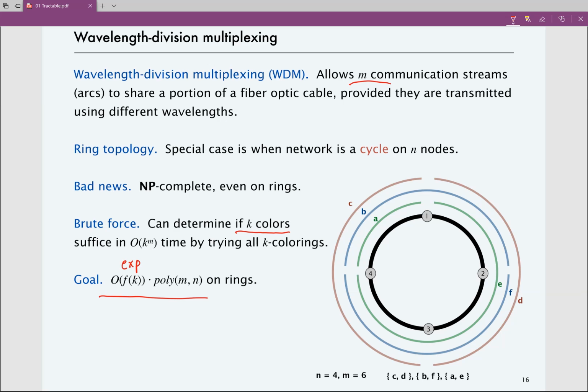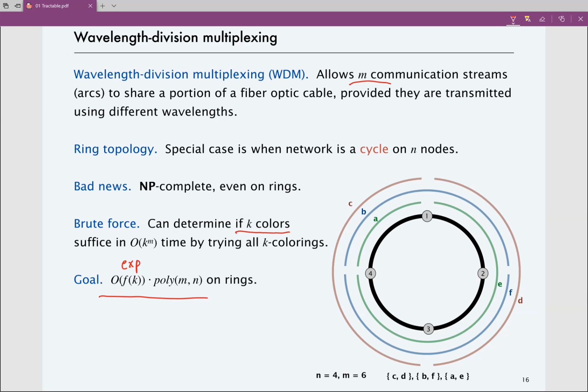But for the other parameters, the number of streams and the number of nodes, we want the complexity to be polynomial. So overall, we get an algorithm which is feasible as long as K is small, because this other part here is not going to grow too fast.